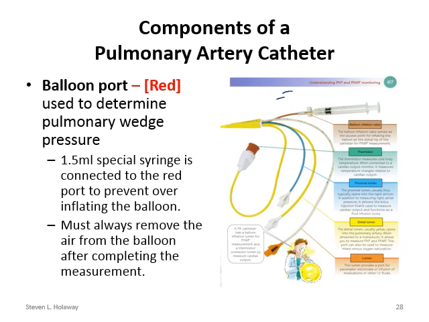If you let the air out and that wedge waveform continues, then the balloon has moved too far down. So you've got to do something to stop that, because of that wedge you can get problems. Typically you're going to turn the patient on their side and see if that makes a difference. Raise the head of the bed. If that doesn't help, then you're going to call the physician and let them come back and pull the catheter back slightly.